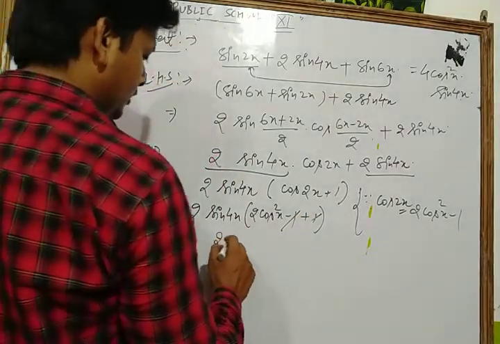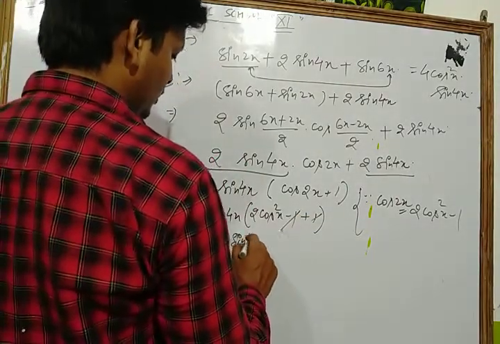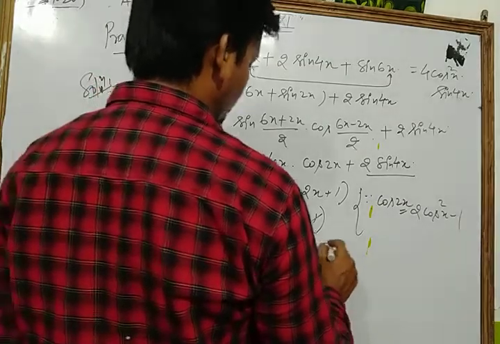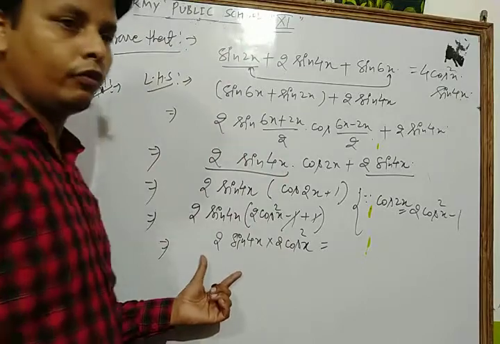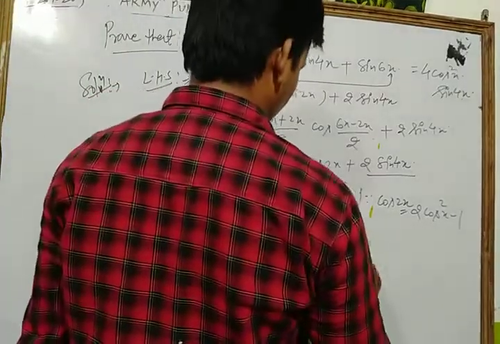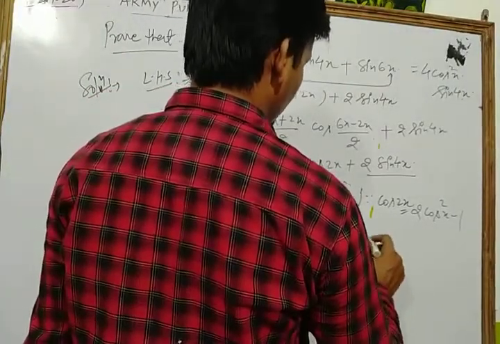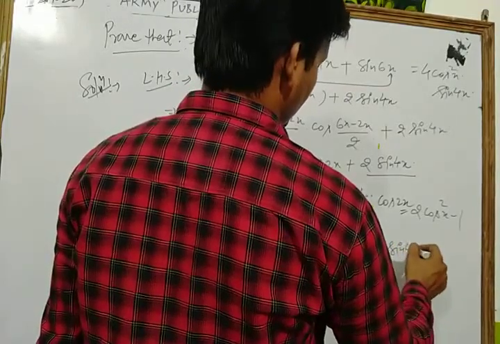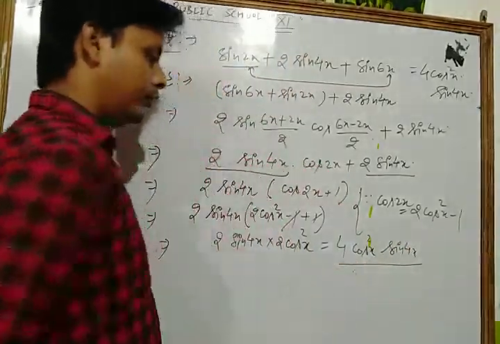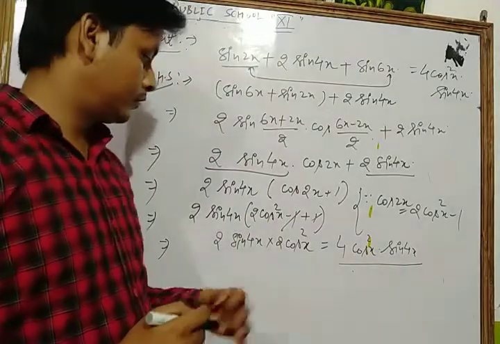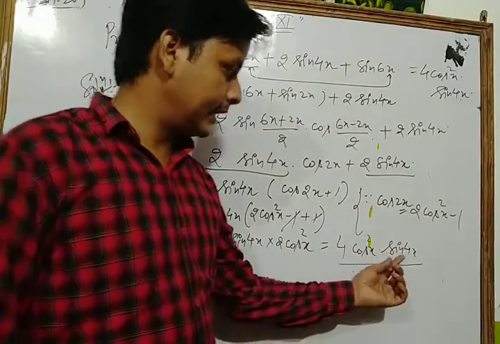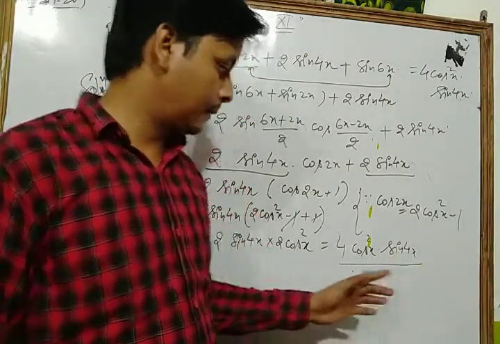So we get 2 sin 4x into 2 cos square x. So we get 2 to the power 2, that is 4 cos square x into sin 4x.